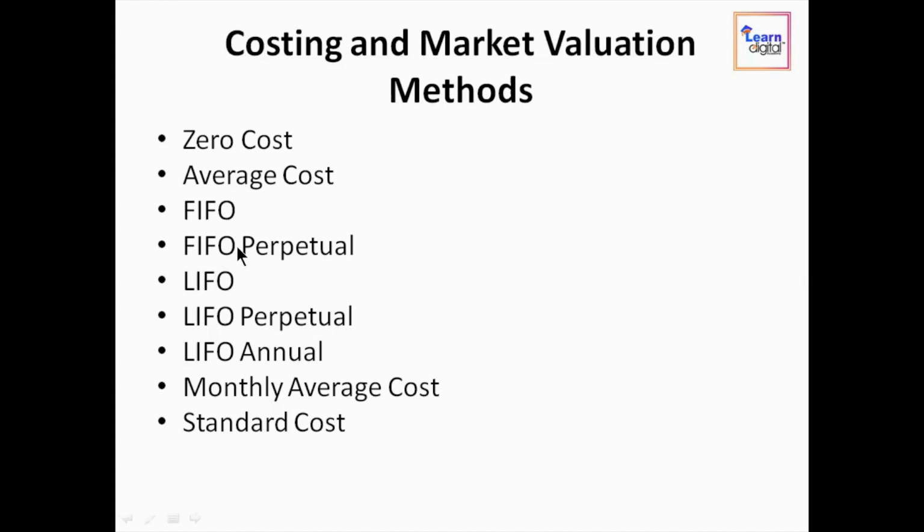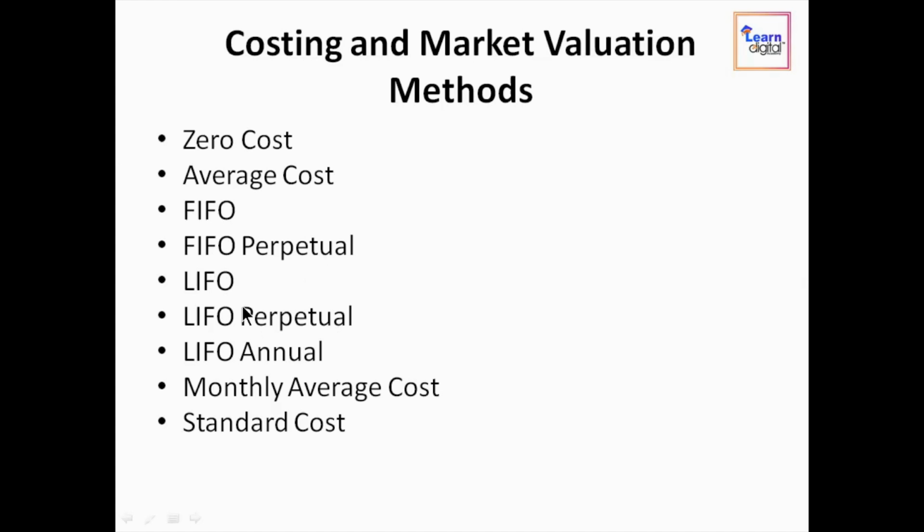Same way, just like FIFO, LIFO perpetual works. With LIFO perpetual, the last costs are the first moved from the inventory account and debited to the cost of goods sold. So the end result under LIFO perpetual is the same as the periodic LIFO method above.